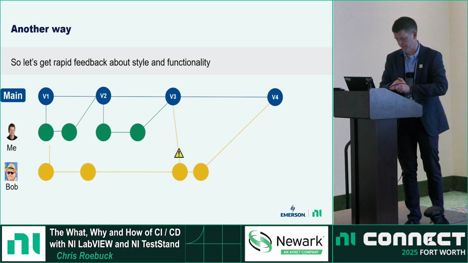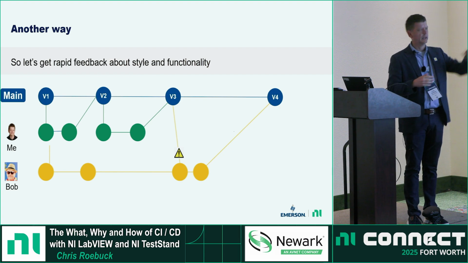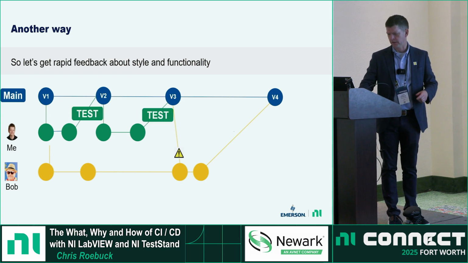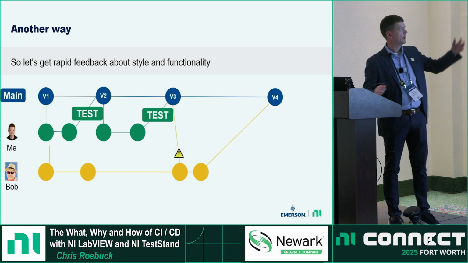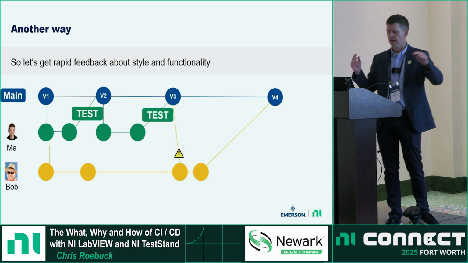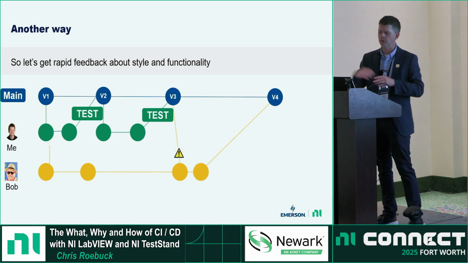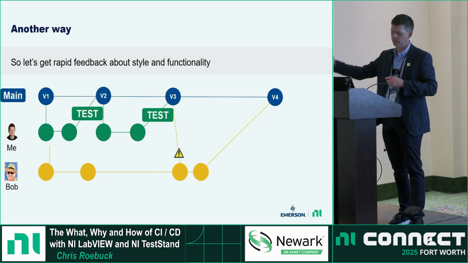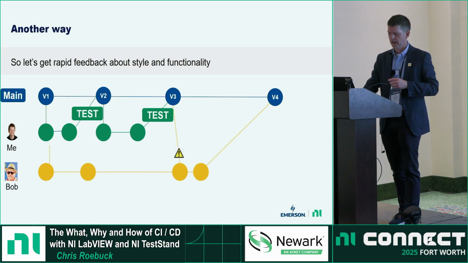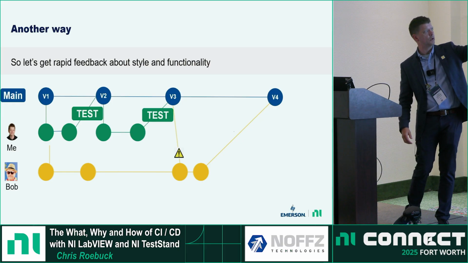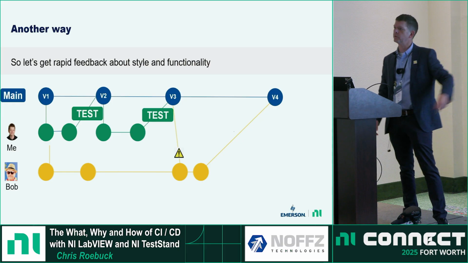So let's get rapid feedback about style, functionality, and the status of our build, which it should say there, and I've been absent. So let's have something that looks a little bit more like this, whereby, you know, we are doing testing, we're making commits, we're merging back into a main, and we're doing testing. When we do our pull requests, we're testing our code, and we're frequently pulling from that repo as well.